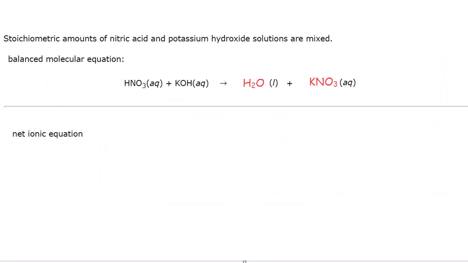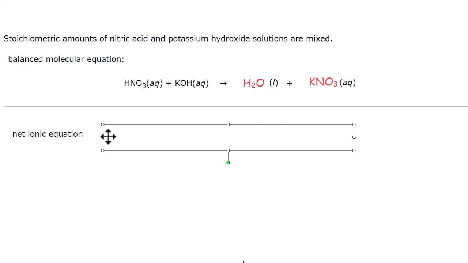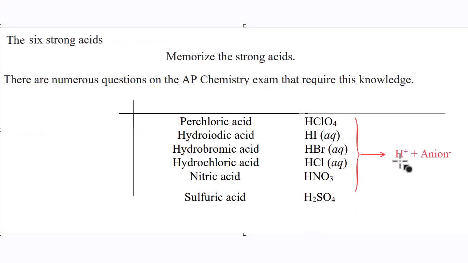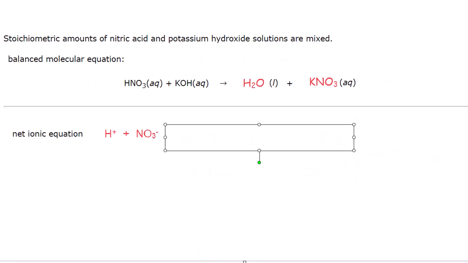So back to our problem, because this is where we're going to have a net ionic equation that's going to be a pleasant surprise. This HNO3 breaks up into H plus and NO3 minus. Remember I said you have this stuff 100% ionized into H plus, the essence of acid, and the anion. So I've written that. That's what's happened.